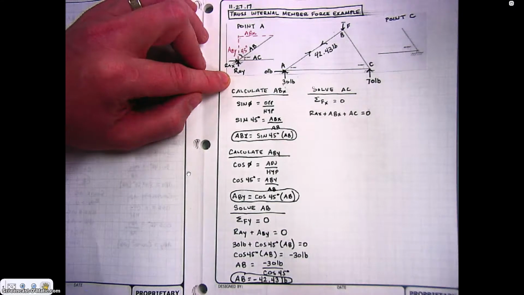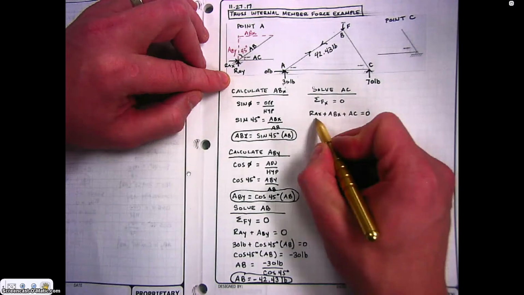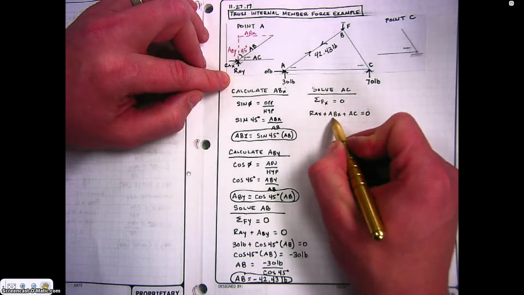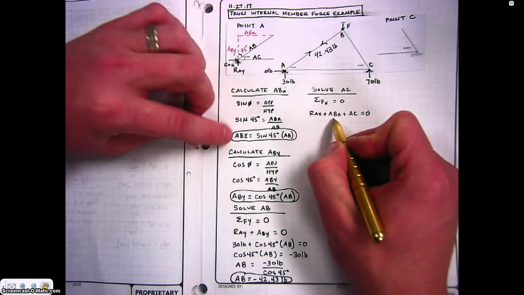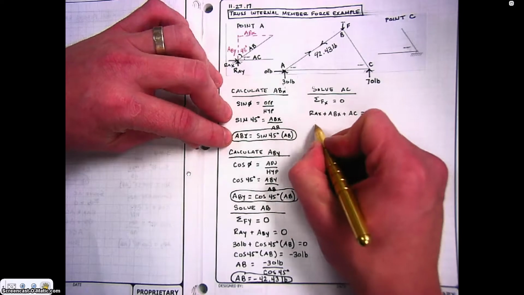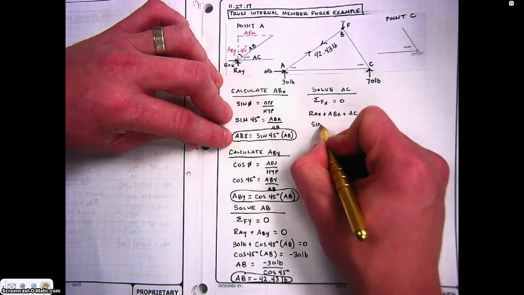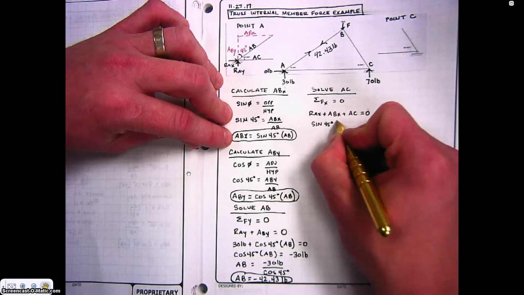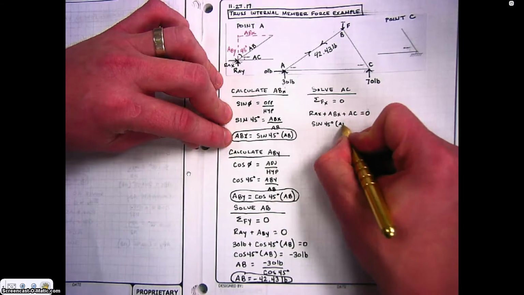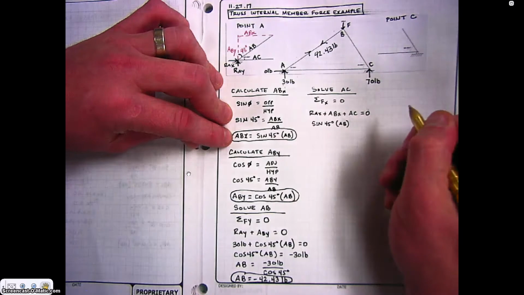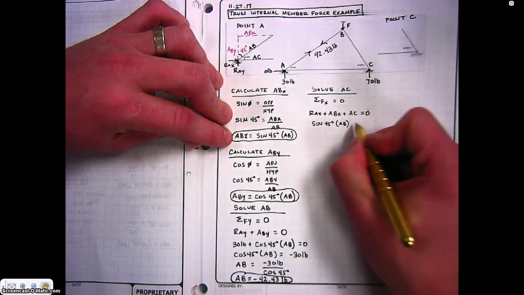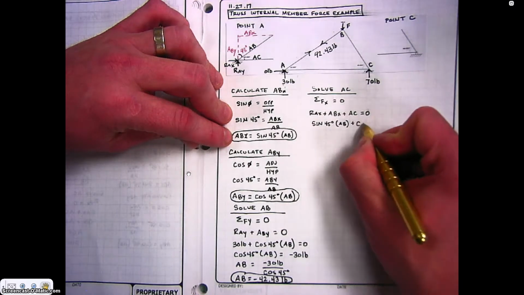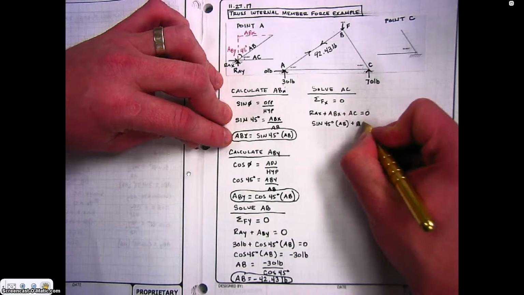We know RAX is nothing, so we'll just leave that blank and we'll plug in ABX. So here we have what ABX is. ABX is equal to the sine of 45 degrees times member AB. We have member AC to add to that. And all of that has to equal 0.